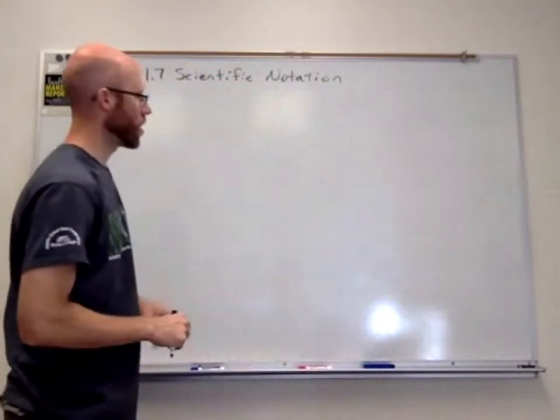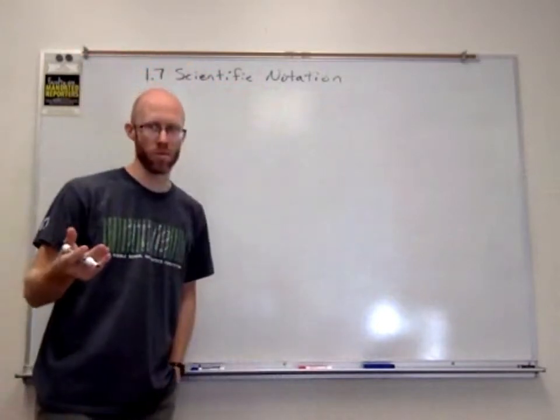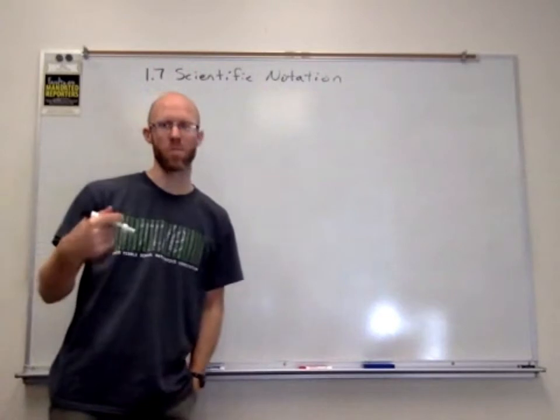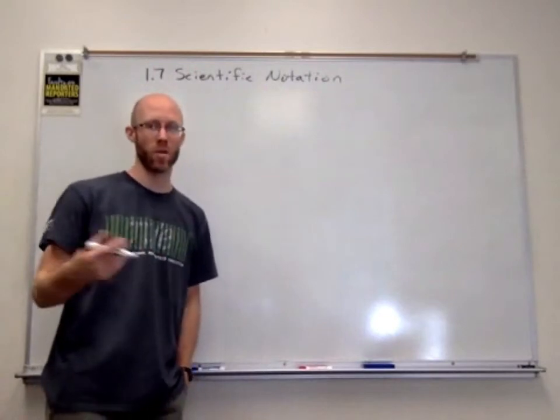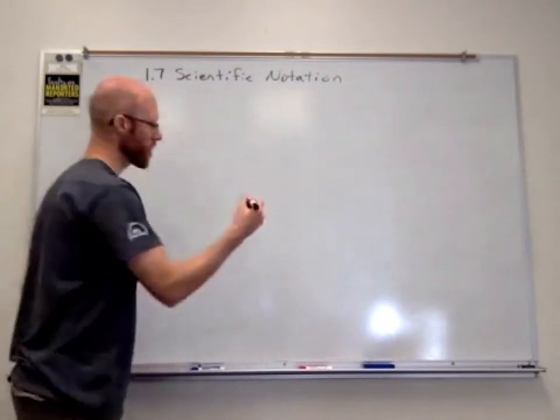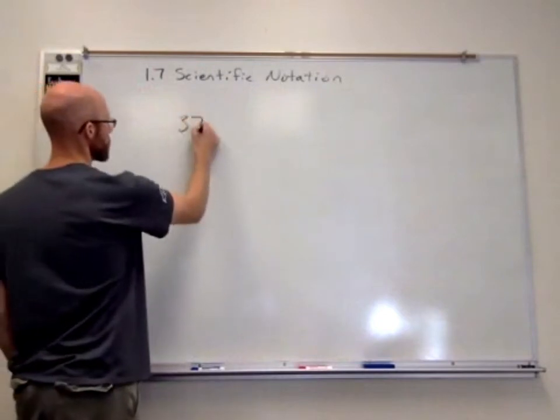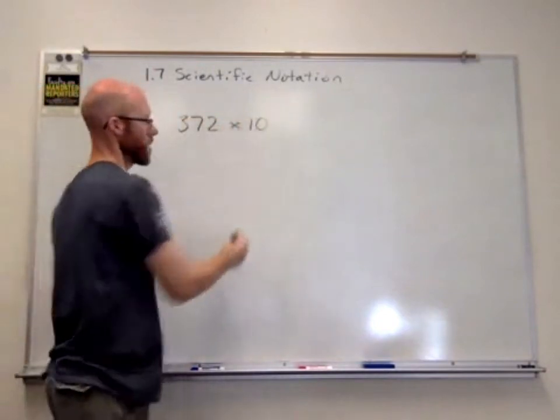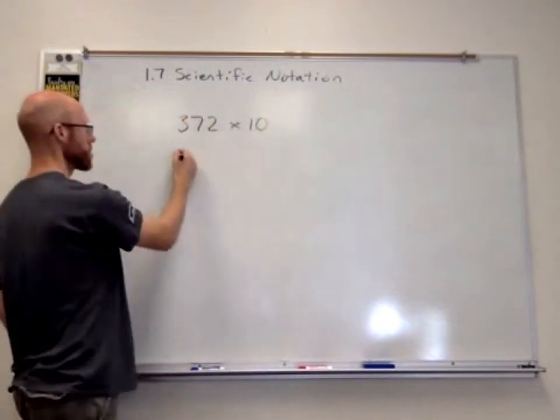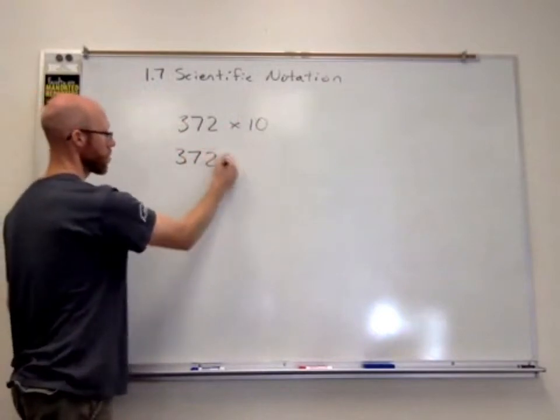So a general principle is that when you multiply by 10, you add a 0. If I had 372 multiplied by 10, you just add a 0 to that, and it's 3,720.